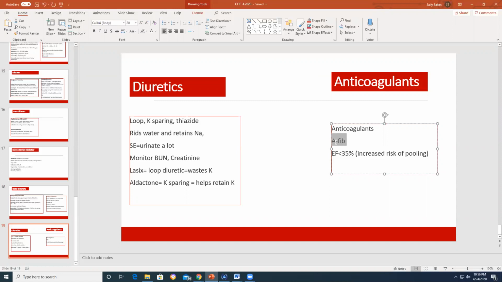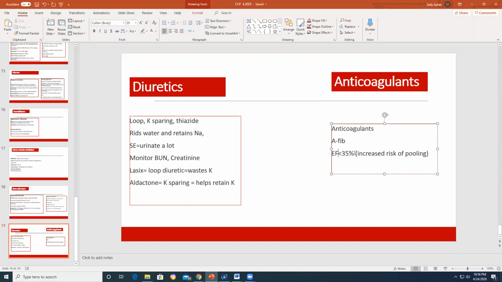Atrial fibrillation, very big side effect is blood clots. Because of that, the heart is fibrillating. It's just kind of making small little jolts, not real contractions, and so again, the blood does not get pushed out properly.